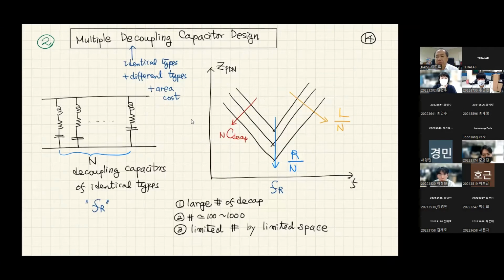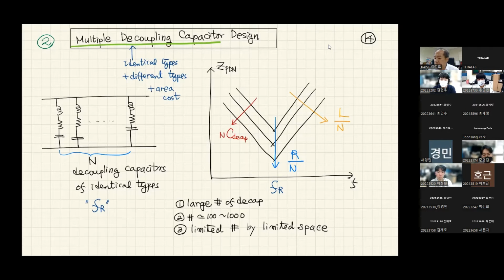Now, I'd like to move on to the next subject, one design method that is called multiple decoupling capacitor design. This is one way that is frequently used in conventional PCB and package design, even inside on-chip decoupling capacitor designs.